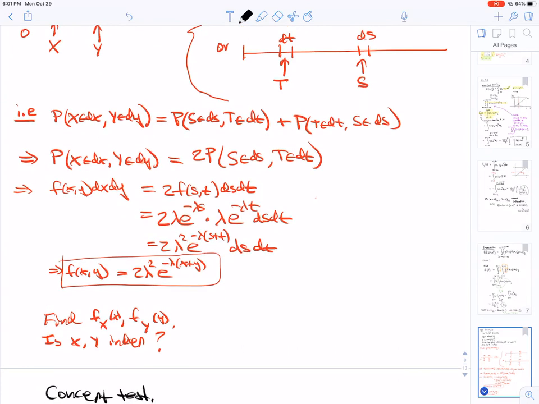We can write out what these probabilities are in terms of the joint densities. Since s and t are independent, we get this factorization, and hence we get the formula shown here for the joint density of x and y.